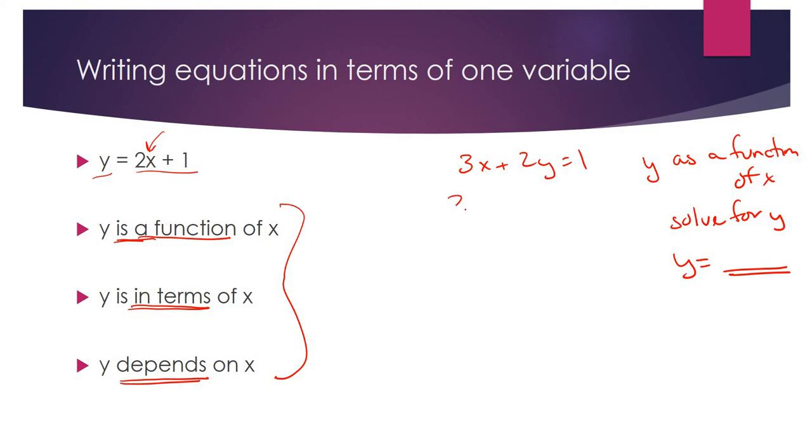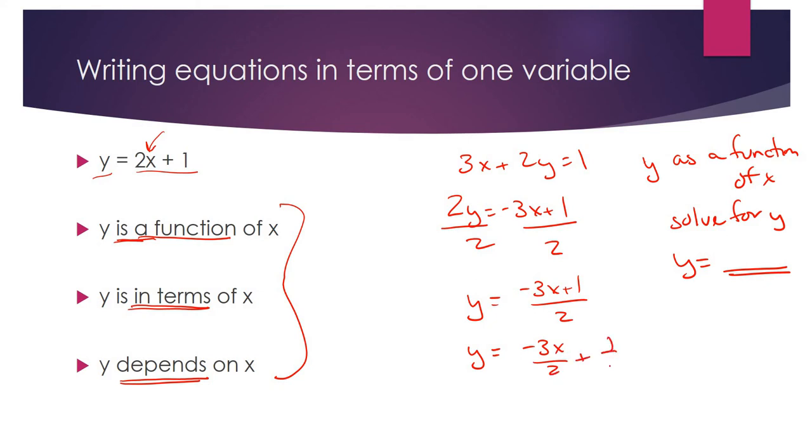So in this case, I would subtract the 3x, and then I would divide by 2. So now I have y as a function of x. Now, I know you're used to seeing this in the slope-intercept form, and we can do that by breaking this into two pieces.